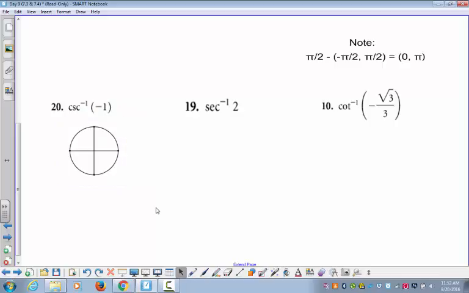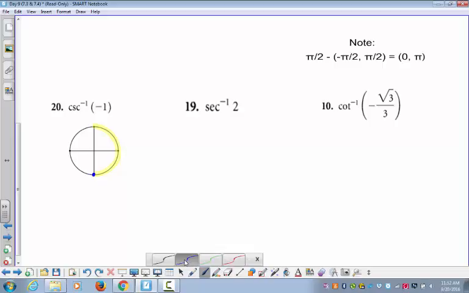I would say to myself, the inverse cosecant is also on the right, like the inverse sine. So cosecant and sine are reciprocals. They're going to be on the same side. So inverse cosecant's over here. Bless you. And I would say this is the angle on the right that has a cosecant value of -1.